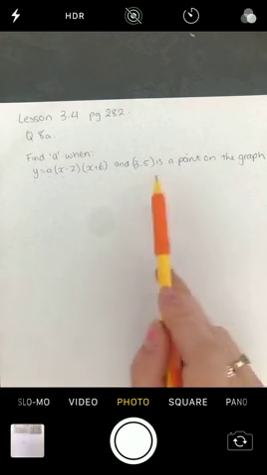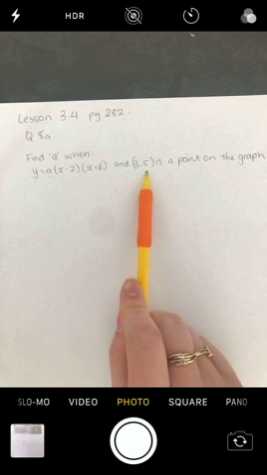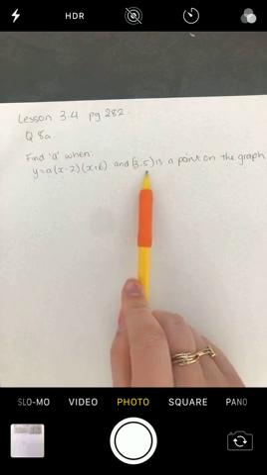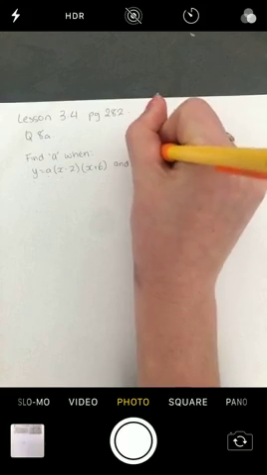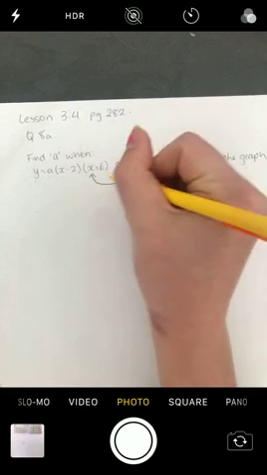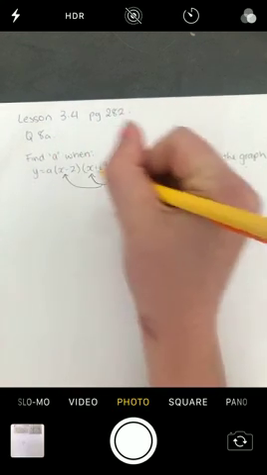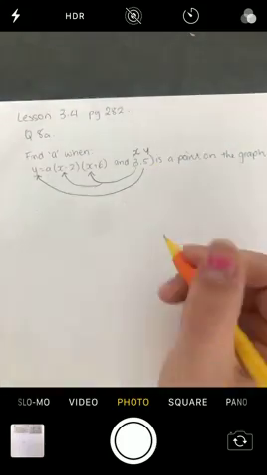What my extra point on the graph does is take away 2 of those unknown variables. So we only have 1 unknown variable left to solve for. I'll show you what I mean. We are given an x and a y. So I can insert the x here and the y here. And that leaves us only with an unknown of a.